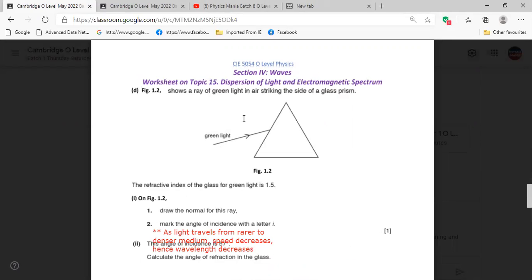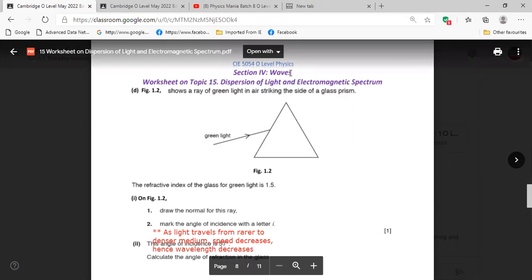What light is written here, Farabi? Green light. Green light is single color, right?